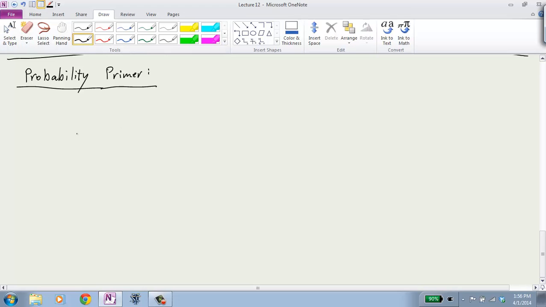So let's start by saying that, of course, we're dealing with randomness. Let's say X is a random object. For example, let's say X represents whether a particular sports team, whether Florida is going to win their NCAA game this week, right?